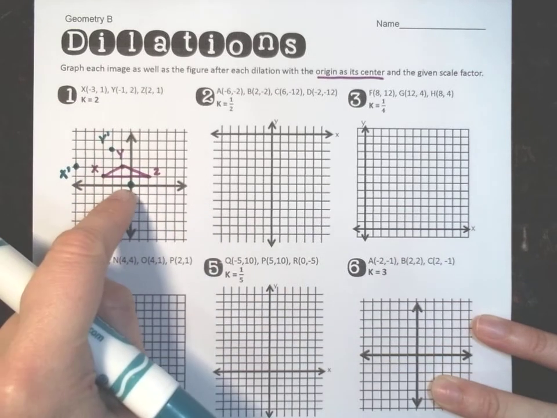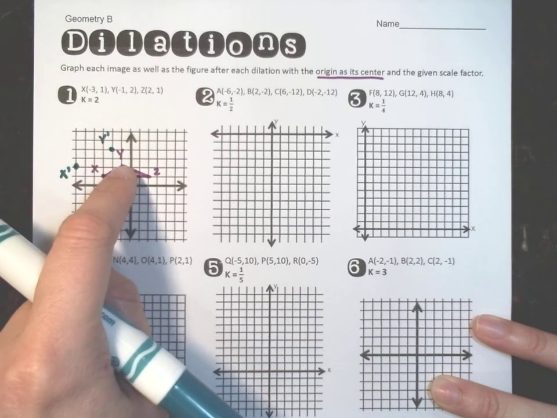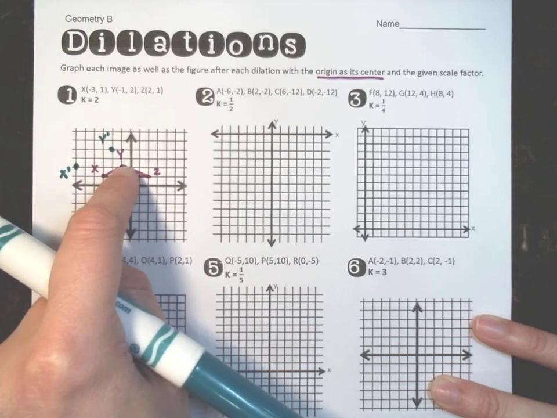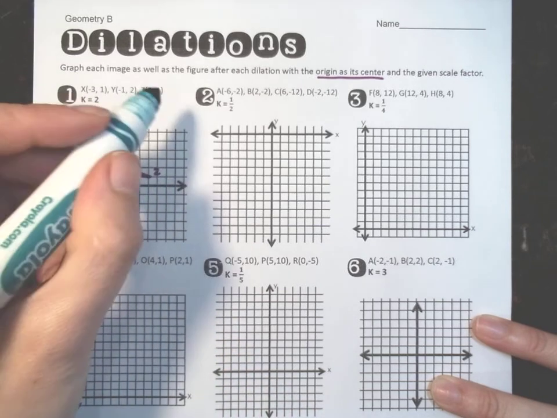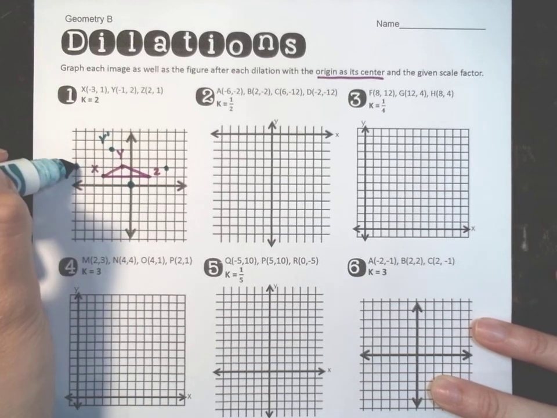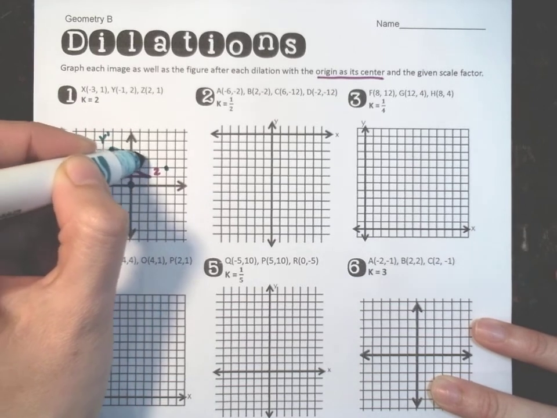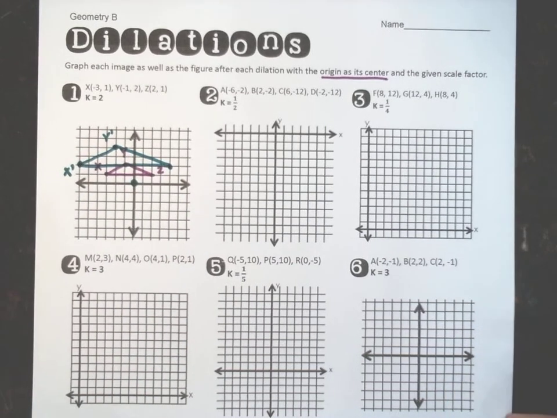And for Z, we go up 1 and we go to the right 2. So it means we're going to go up 2, and instead of going to the right 2, we're going to go to the right 4, because we're doubling that. 1, 2, 3, 4. There is our dilated triangle.